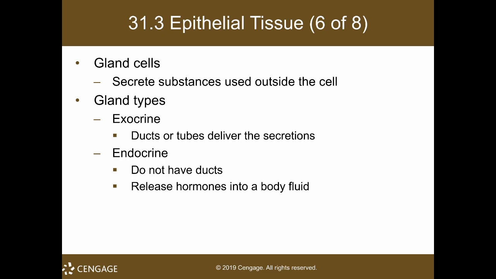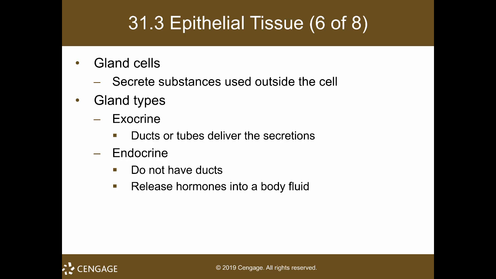Then we have the gland cells. Gland cells secrete substances outside the cell. We have two types of glands, the exocrine and the endocrine glands. Exocrine glands have ducts and tubes that directly deliver their secretions to the intended target. For example, the salivary gland is an exocrine gland. Its secretion is saliva, which is released through the duct into the interior of your mouth.